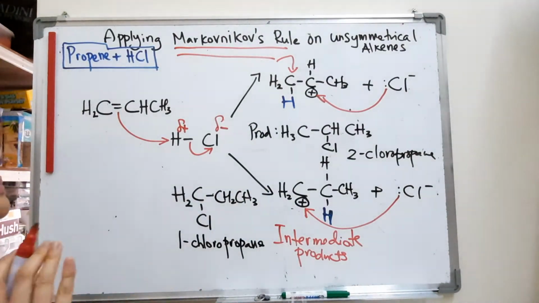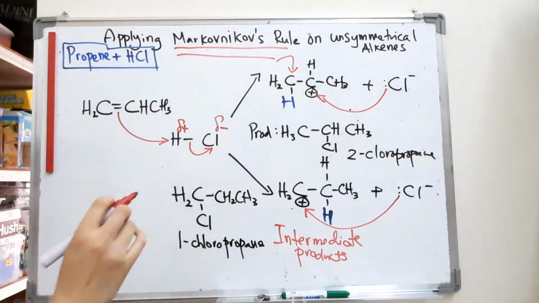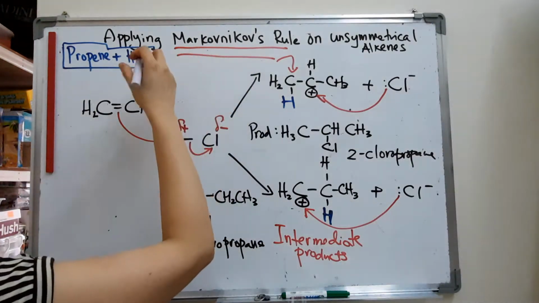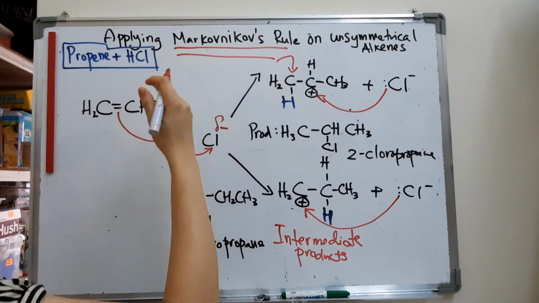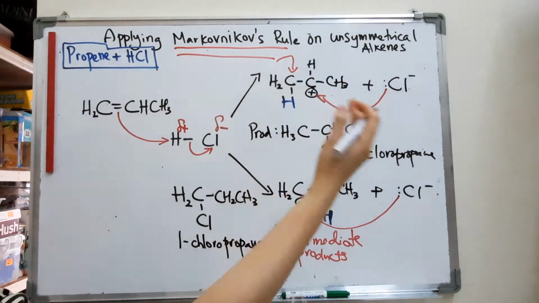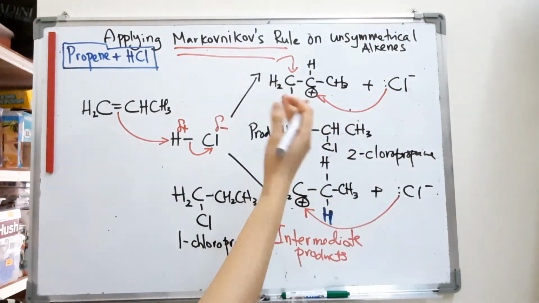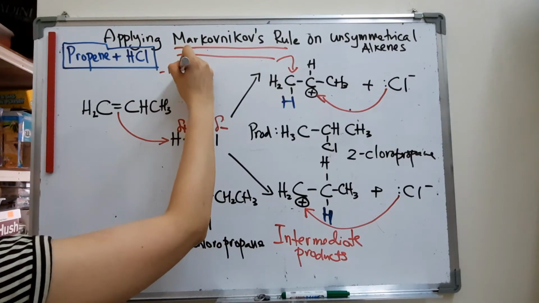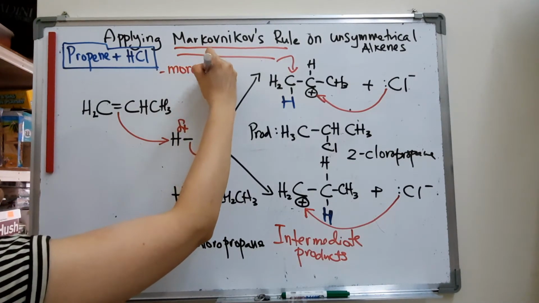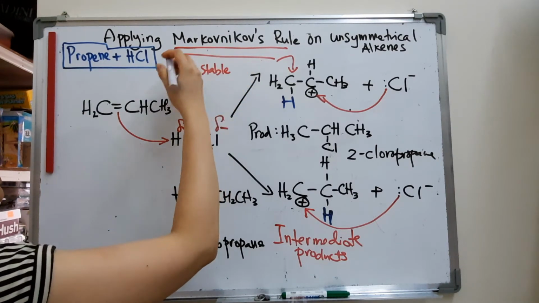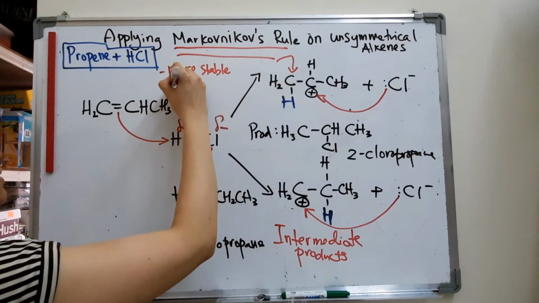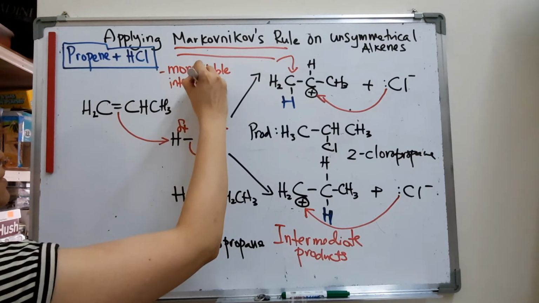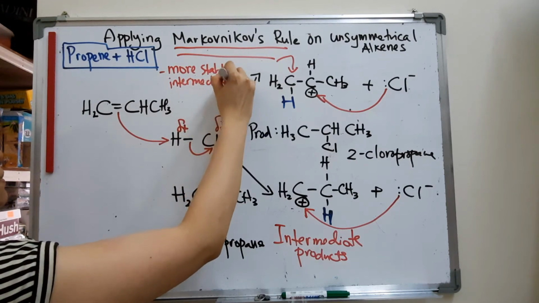So what does Markovnikov's rule say? Okay, I'm going to write very small here. It says that the formation of the major product will favor the more stable intermediate product.